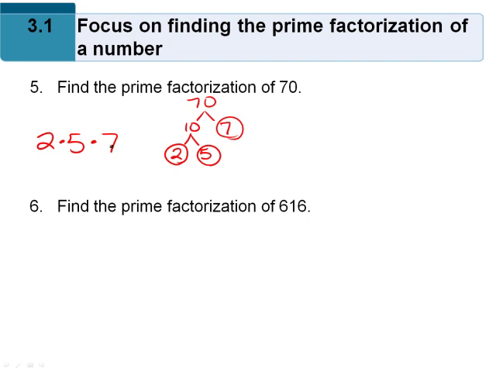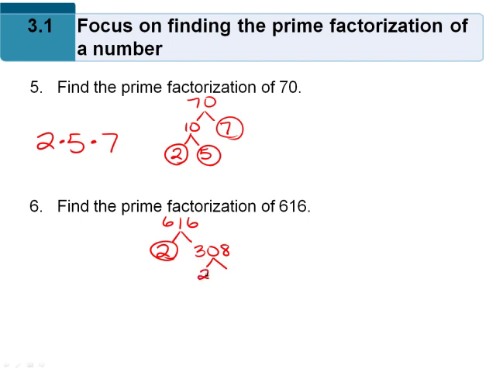Okay? And number 6, find the prime factorization of 616. That is a big number. So I'm going to start with 2 because I can't even think of anything else that would go into that because it's so big. Divided by 2 is 308. Okay, circle the 2. 308 is still a really big number, but it's even.